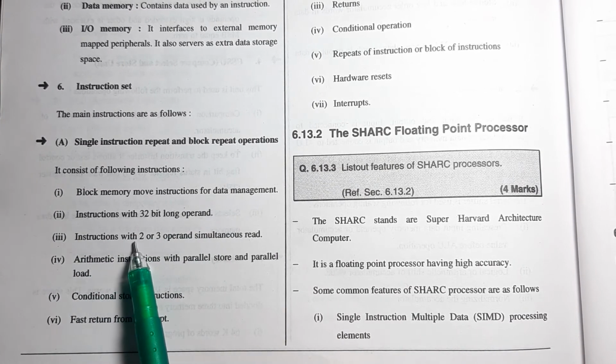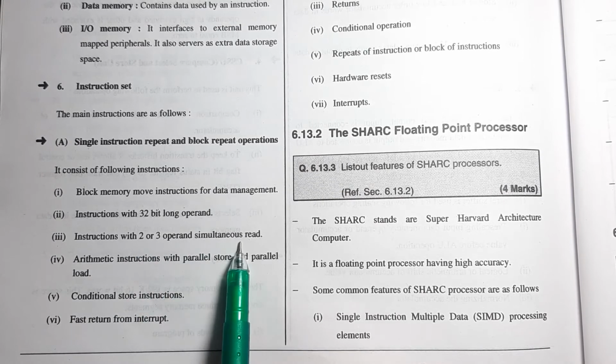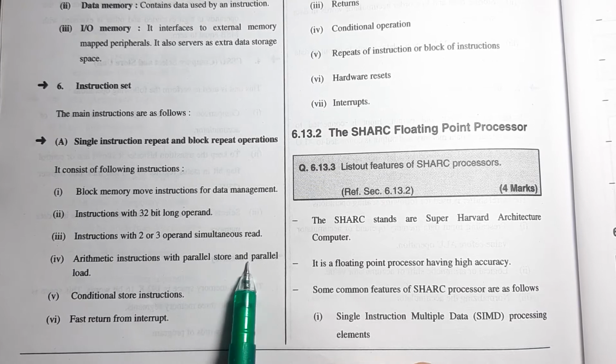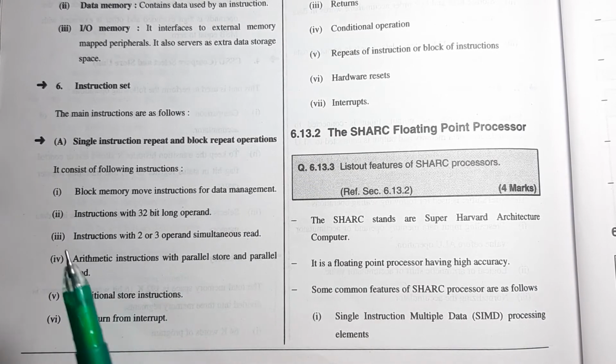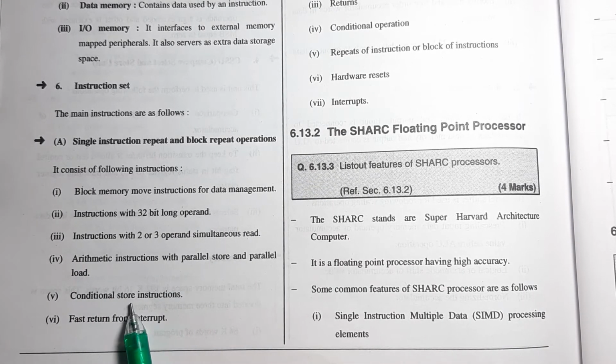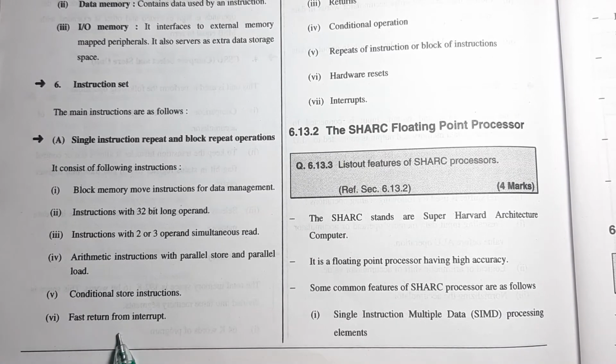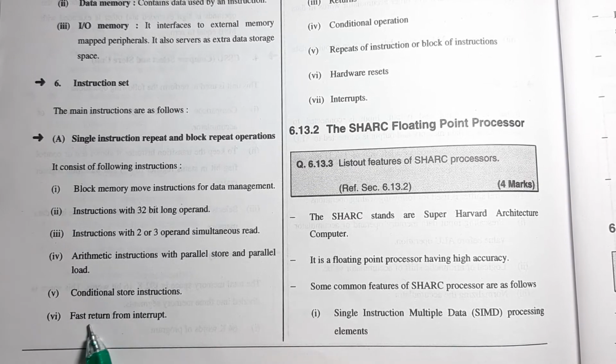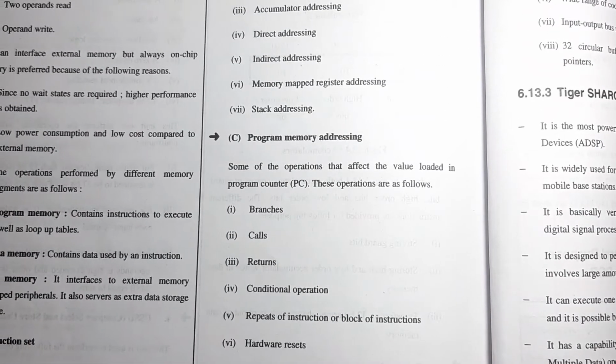Then instructions with 2 or 3 operand simultaneous read. Then we have arithmetic instructions with parallel store and parallel load. Now conditional store instructions, fast return from the conditional store instructions and fast return from your interrupt.